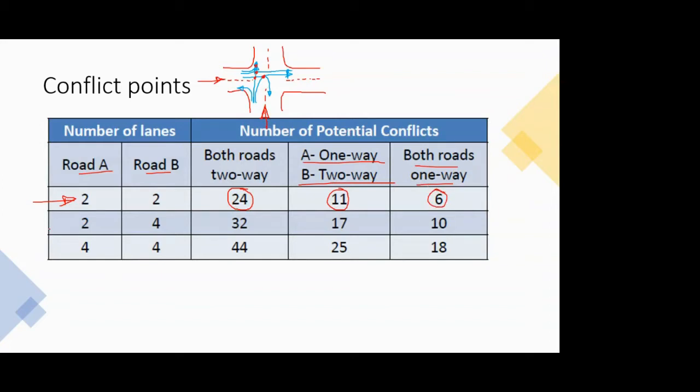Similarly, I have given the scenarios if you have 2-lane, 4-lane, and a 4-lane combination. What I want to show you is these values. See the decrease in the values. When you have a one-way street, the number of conflict points reduces drastically.